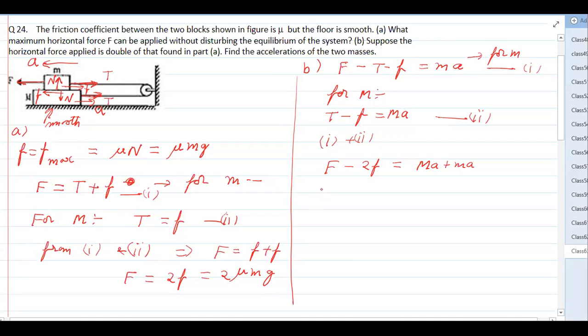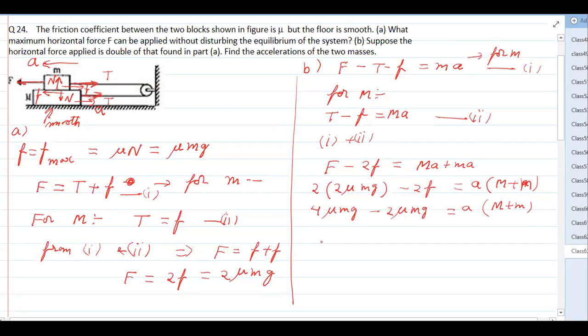And capital F is what? Double of that which is found in part A. So how much did we find in part A? 2 mu mg. So double of 2 mu mg is 4 mu mg, minus 2 mu mg, equals a times capital M plus small m.